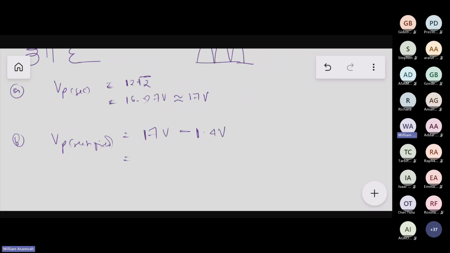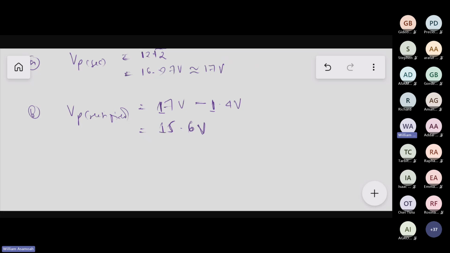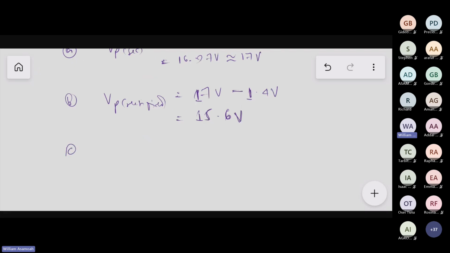And so we have what? 15.6 V. Yes, 15.6 V.